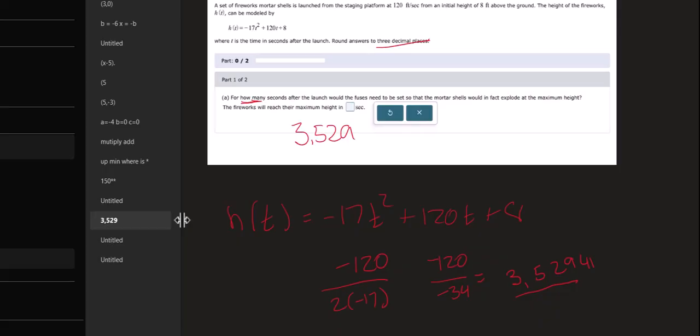So you would take, on the calculator, negative 17 times 3.529 squared plus 120 times 3.529 plus 8. And I get 219.765.